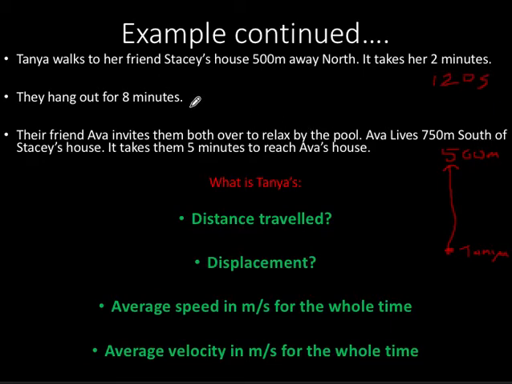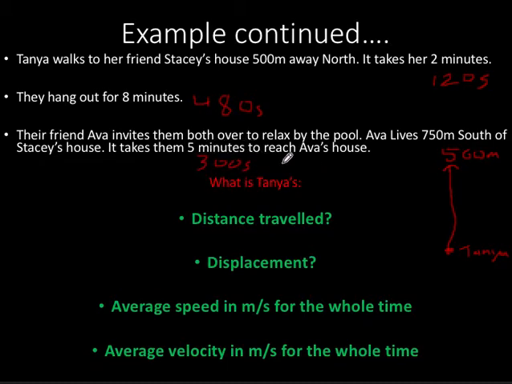8 minutes, if we times 8 by 60, gives us 480 seconds. And this 5 minutes here I want to convert as well. So 5 times 60 gives me 300 seconds.